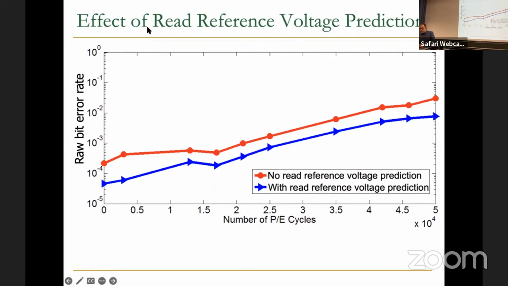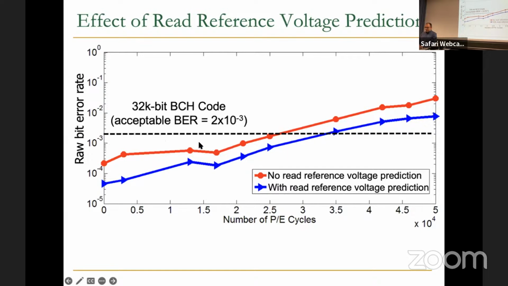Here you can see the effect of read reference voltage prediction. The red line is with no read reference voltage prediction when you access your flash memory, so you have a higher raw bit error rate. But with read reference voltage prediction, you can reduce the error rate, meaning you can make your ECC simpler. This is one of the points I wanted to make in the past.